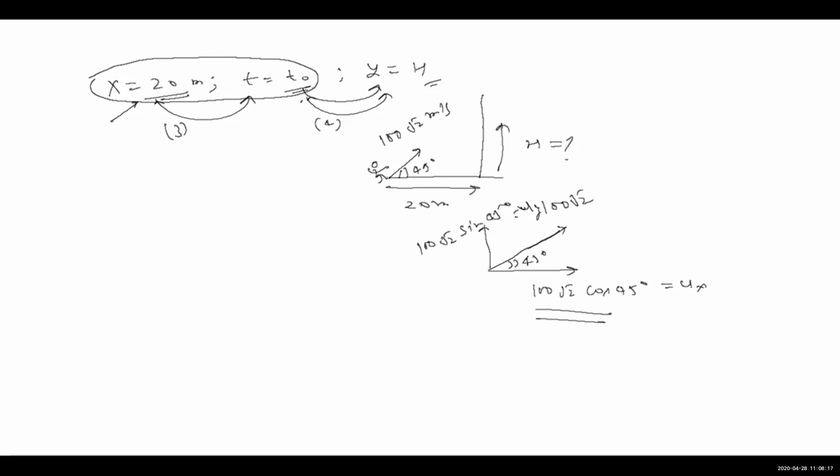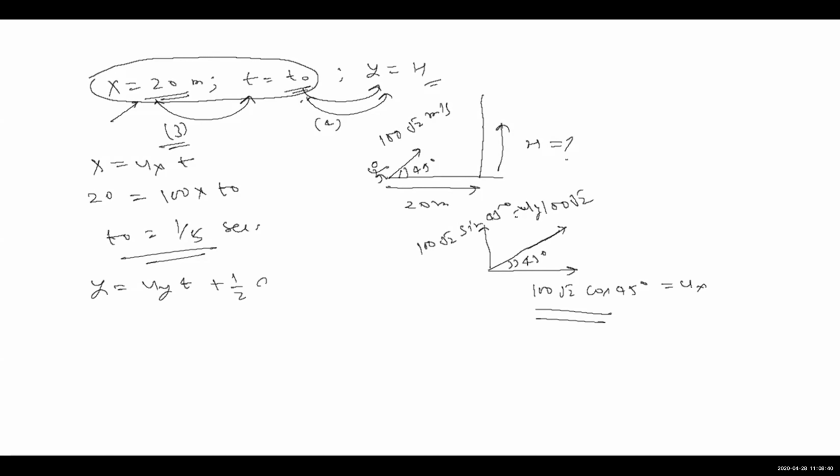So equation 3: x is ux into t. We put this condition. 20 is equal to 100 into t naught. T naught comes out to be 1/5 seconds. So after this much time, this ball is going to strike the wall. Then equation 4, which is y equals uy t plus half ay t square. So y is basically h, which we have to find.